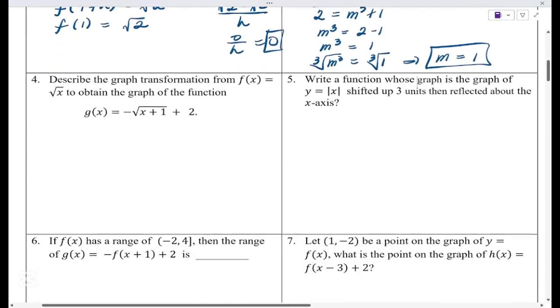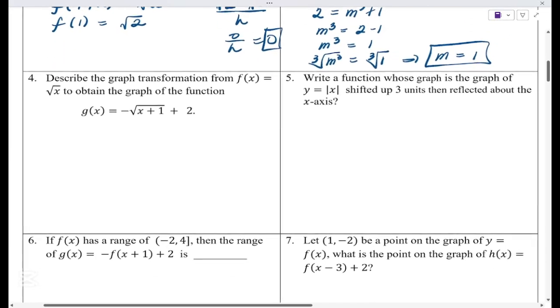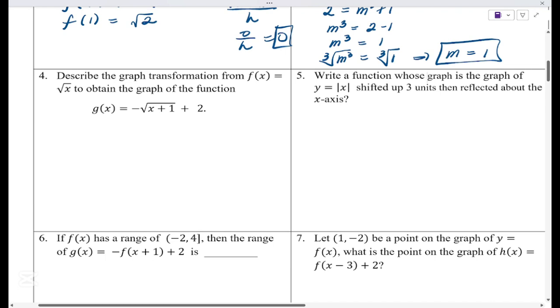Then for question number 4, this is about graphing transformation. Let us describe the graph transformation of the given function f of x equal to square root of x to obtain the graph of the function g of x equal to negative square root of x plus 1 plus 2.